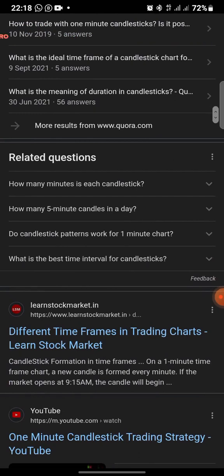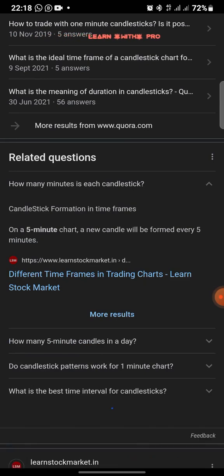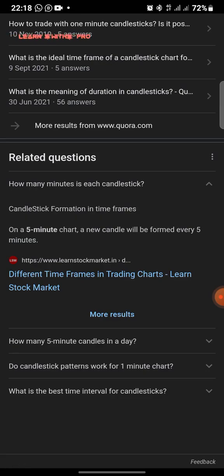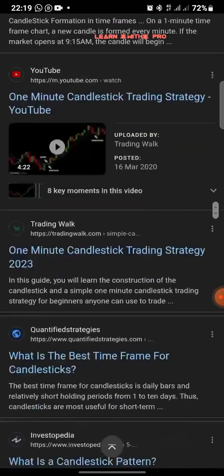Okay, now you can see a new candlestick will be formed every 5 minutes. Now, in a day, there are 24 hours. Let's do 24 divided by 5.